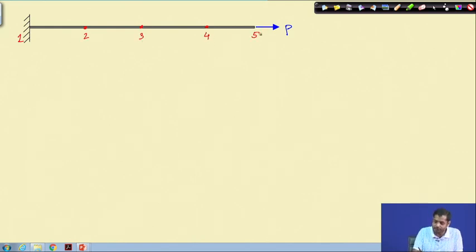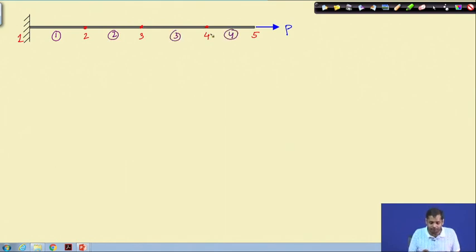The same exercise we did for matrix method of analysis. Similarly, we have element number 1, then element number 2, element number 3, element number 4, like this.